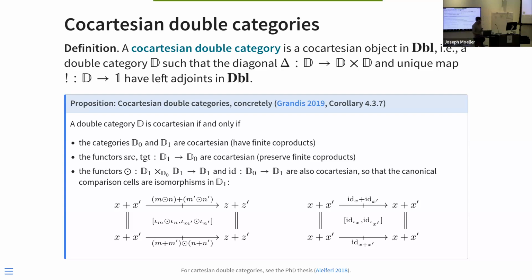It turns out that a double category is co-Cartesian in this sense if both of the underlying categories, the category of objects and the category of morphisms, are co-Cartesian. Again, the pro-arrows are objects here, and the source and target functors preserve finite coproducts. And then the same is true of the external composition and identities: those preserve finite coproducts. We're going to use this characterization later.